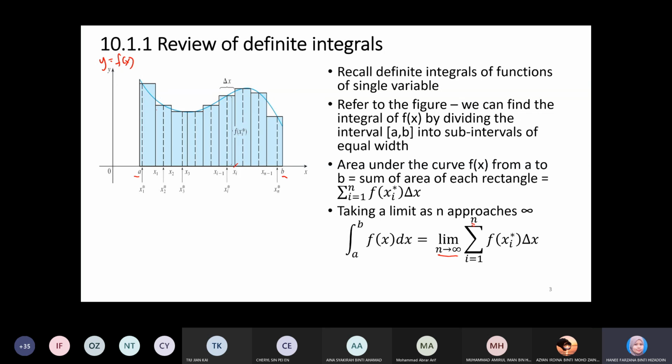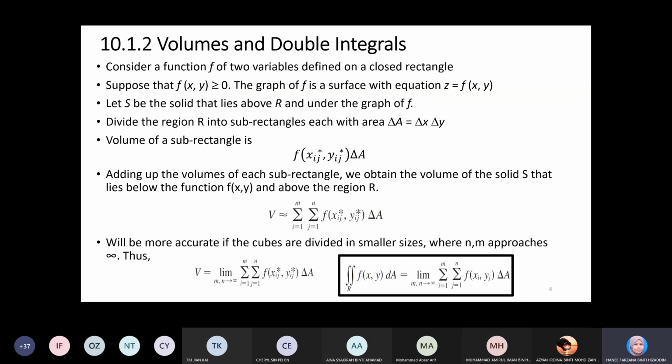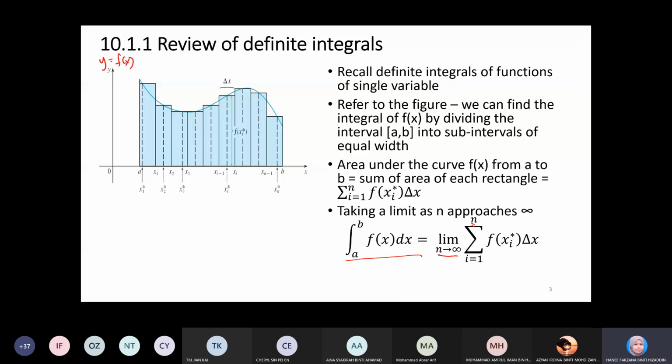You divide this into several rectangles, find the area of each rectangle, and sum them up, and that will be equal to the analytical form of the integration. You will learn about this approach more during numerical methods in engineering next semester, to approximate the integration for some functions which are non-integrable analytically. So that is for a single integral, or functions with a single variable.